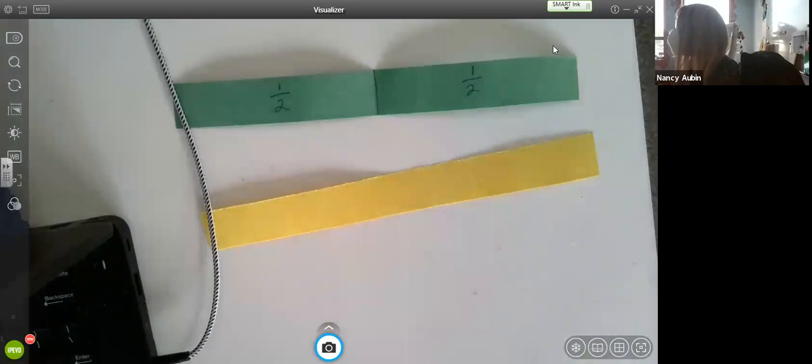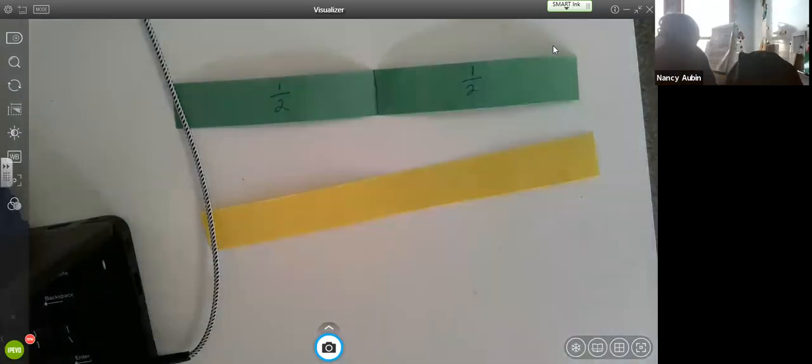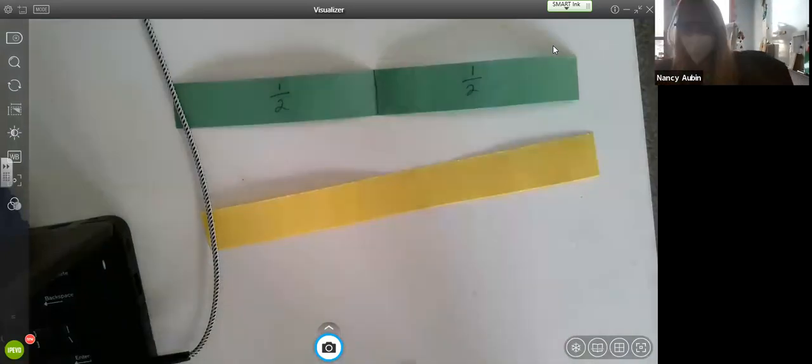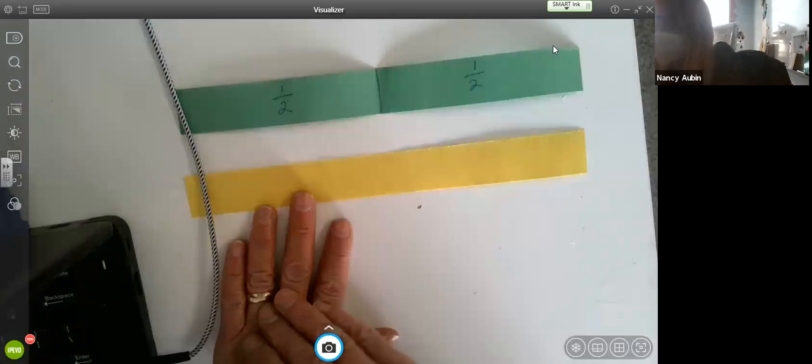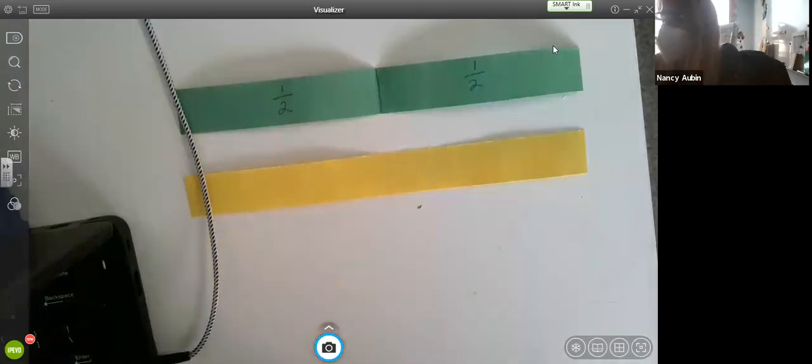Oh, yeah. All right. With the yellow strip, we are going to divide it into thirds. Any ideas how we would do that? It's not as easy as doing halves. Gabe, what are you thinking? Don't do it yet, please, because a lot of you are doing it wrong.